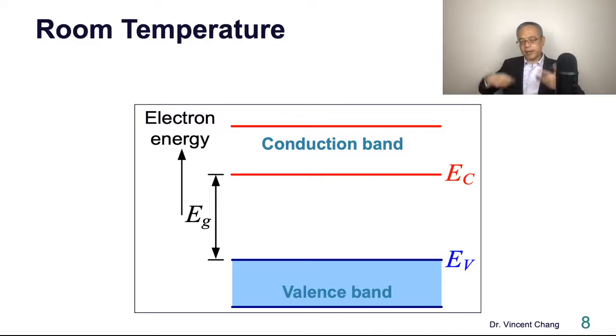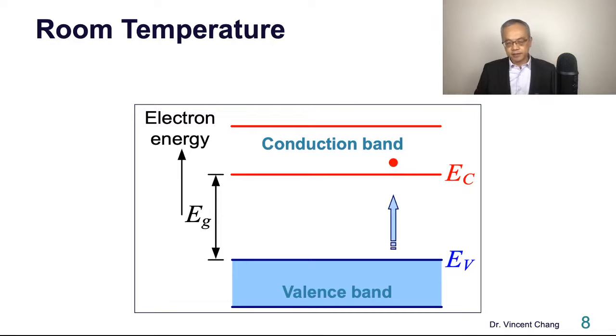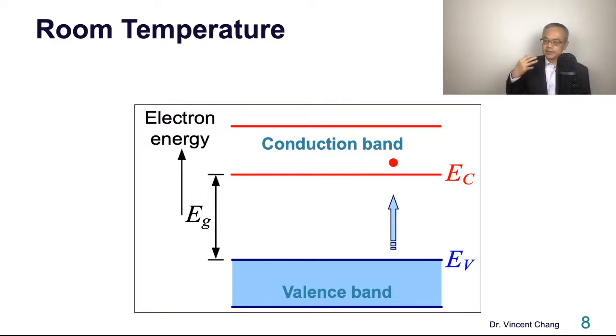But when the temperature increases, for example to room temperature, then what? Then the valence electrons get energy from the thermal energy.